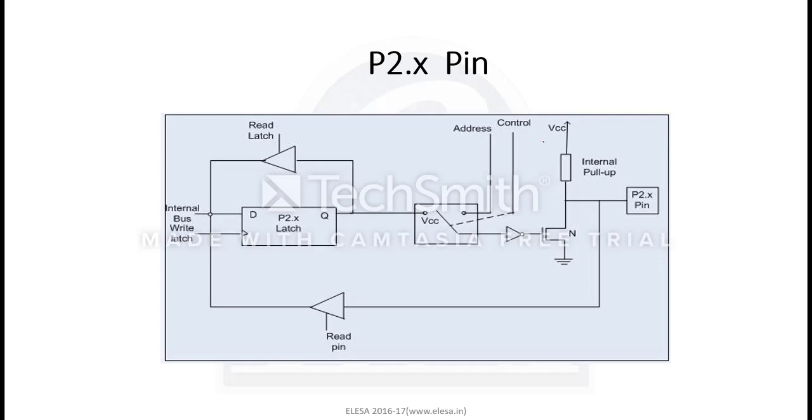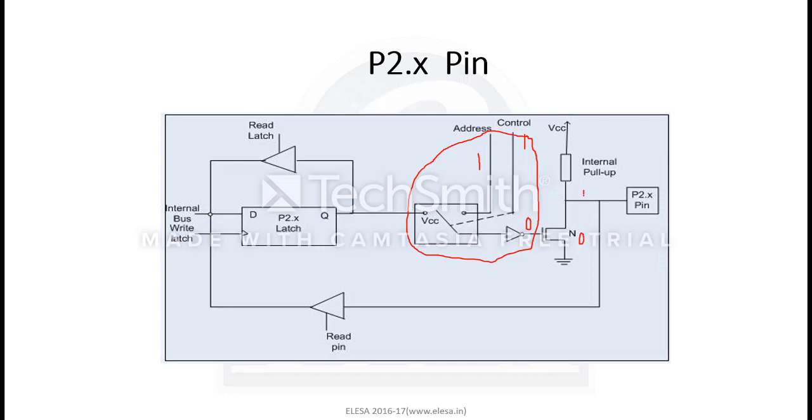As told before, to interface external memory, we have to make the control bit 1. So only this block will be functioning. When we are going to send a higher address bit, 1 will be selected by the mux, and further it is inverted, so it becomes 0, which will turn off the MOSFET, so the output is 1.